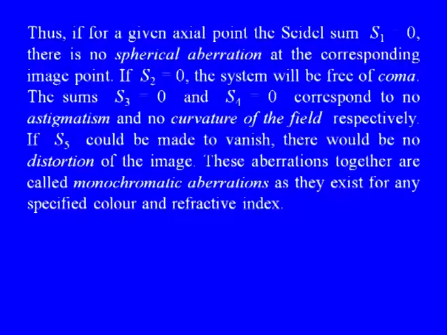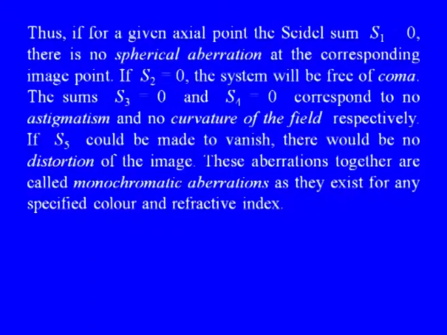Thus, if for a given axial point the Seidel sum S1 is 0, there is no spherical aberration at the corresponding image point. If S2 is equal to 0, the system will be free of coma. The sums S3 equal to 0 and S4 equal to 0 correspond to no astigmatism and no curvature of the field respectively.